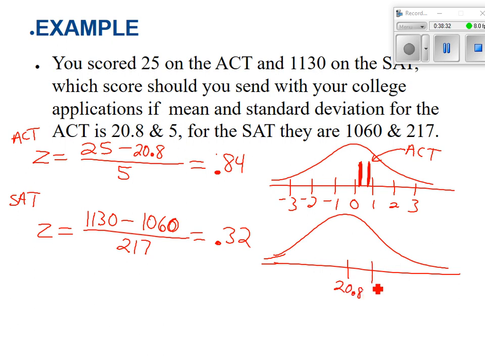Then what do we do to find each number out past that? You go up 5. So 25.8, 30.8, 35.8. Then going down, we just subtract off 5.